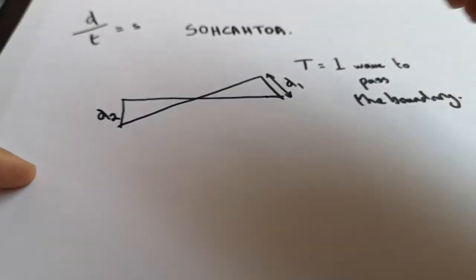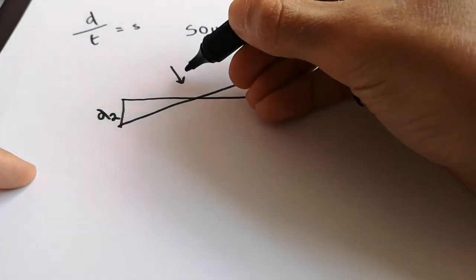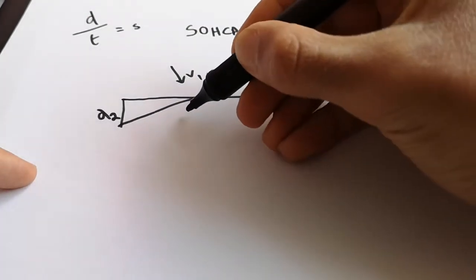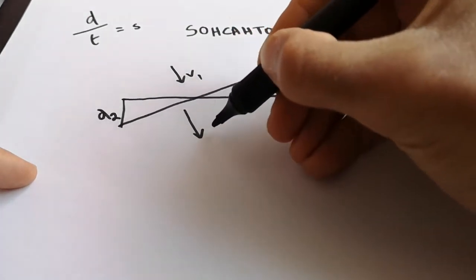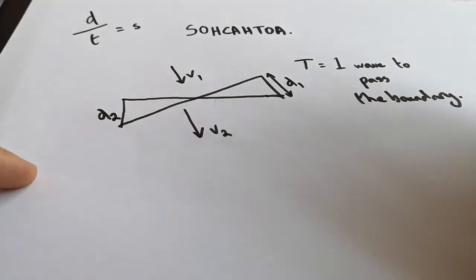Now we know that the wave moving in this medium over here is going to have a certain velocity of v1, and when it arrives at this medium, its velocity is going to be affected by the change in density of the medium. All right, now what can we take from this?